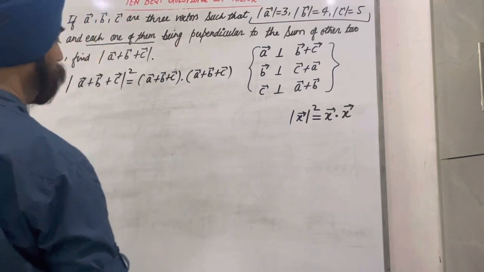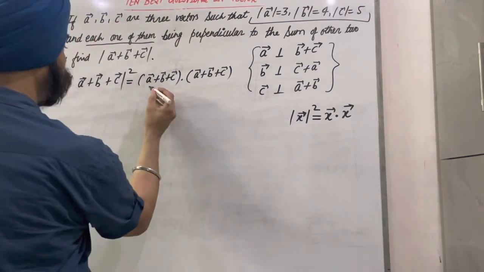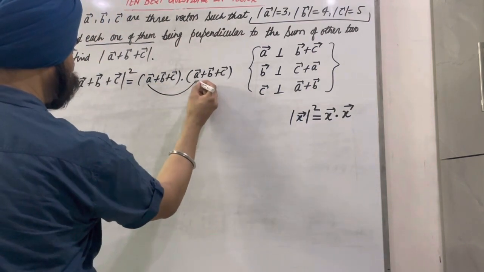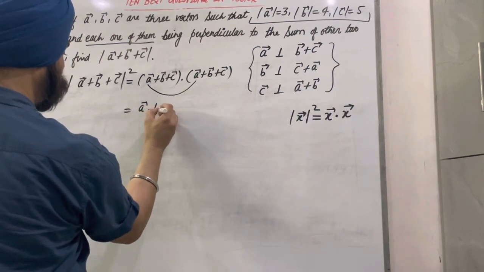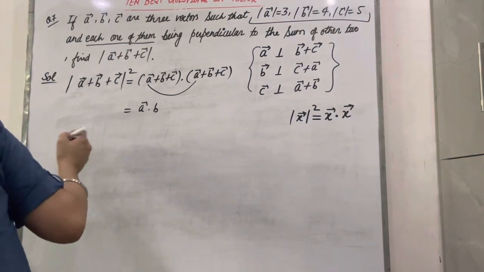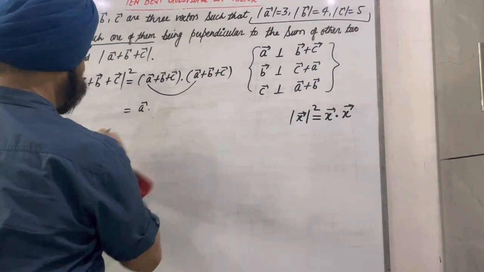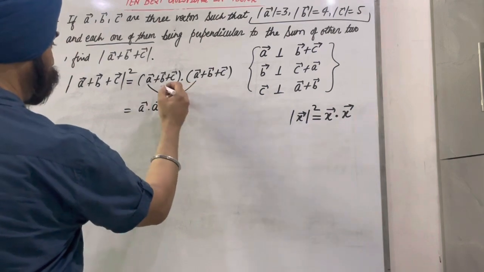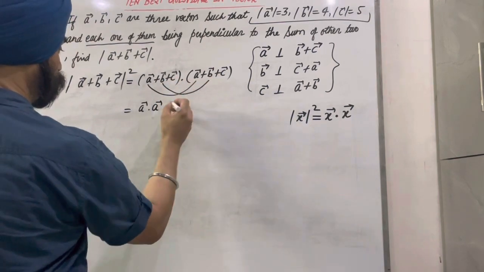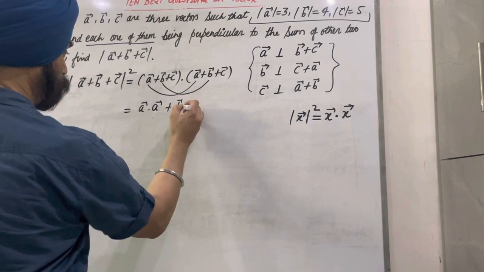Now if I open it this way, vector A, its dot product with A. So I'll write vector A dot vector A here. Likewise, I'll be taking vector B dot vector B in addition.